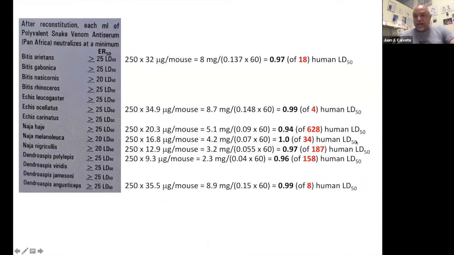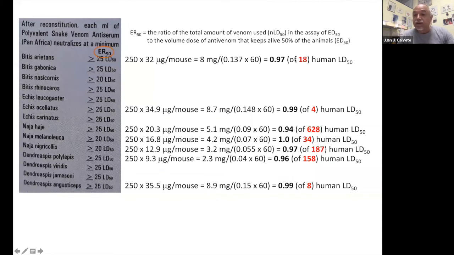So if you take the insert in the package, what is specified as potency for many antivenoms is about 250 LD50 per vial, and this 250 translates only into one for each of these venoms, one out of 18, 4, 60, 28, 34, etc.